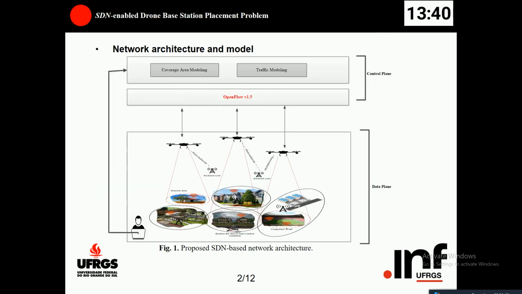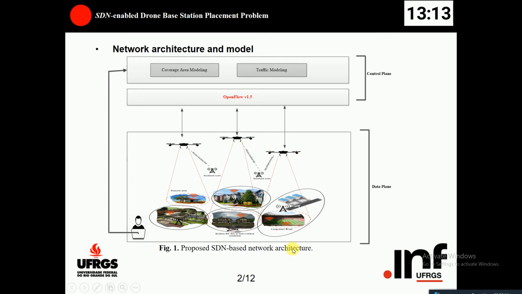Let me show you the network architecture and model. Here I consider a scenario where a set of terrestrial base stations are out of service in the aftermath of natural disasters or such like. So in these situations, DBSs are deployed to the existing network infrastructure.